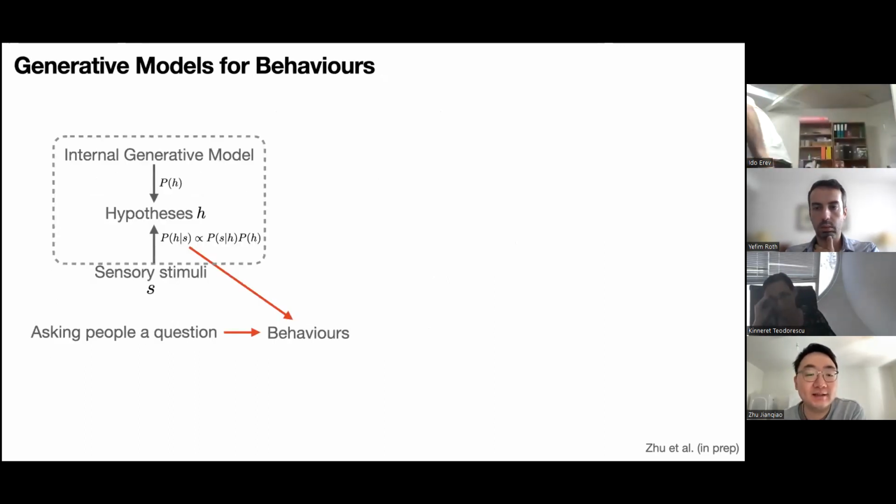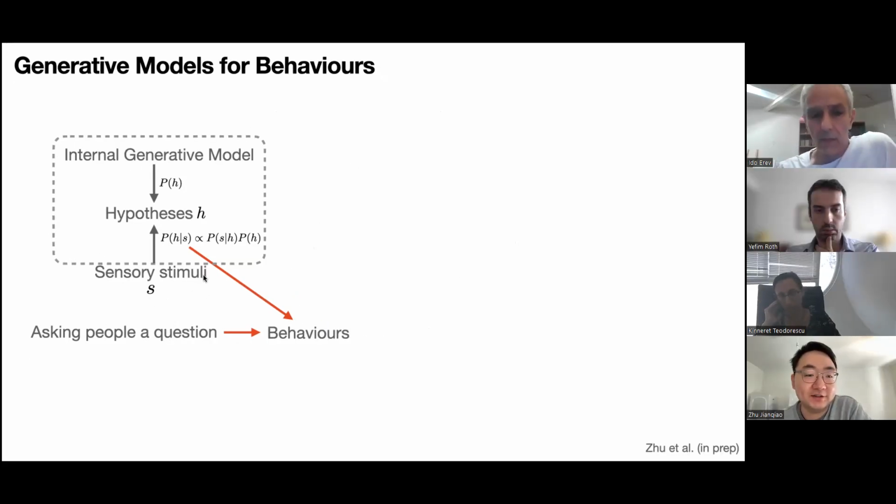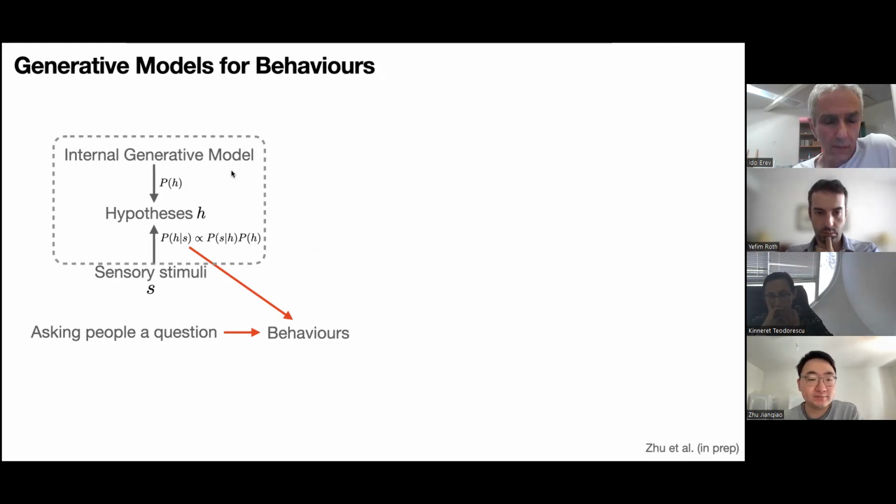And just to make the concept more concrete, this is what we envision. We're thinking there is some sort of internal probabilistic model in the brain. When people are presented with external sensory stimuli, combined with this internal generative model, they reach a posterior probability distribution over the hypotheses.